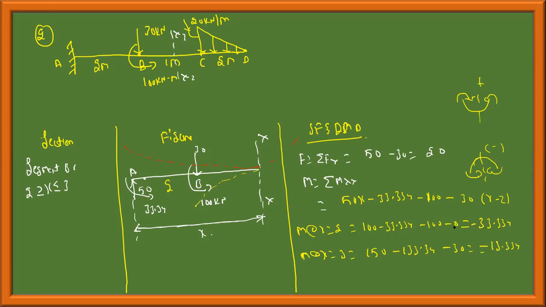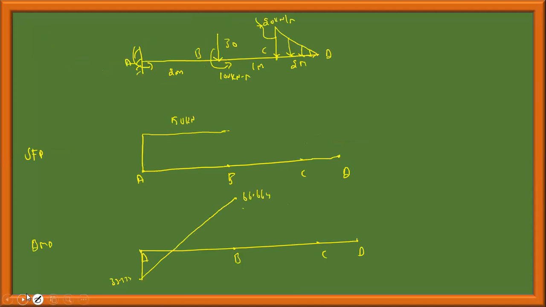And for this, shear force is 20 kilonewton constant. You see, when there is a point load, it suddenly drops to 20 kilonewton. There is a sudden drop or sudden rise when there is a point load.